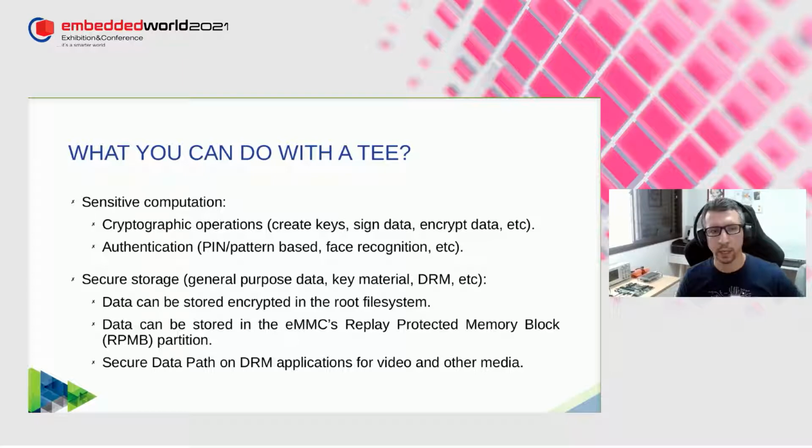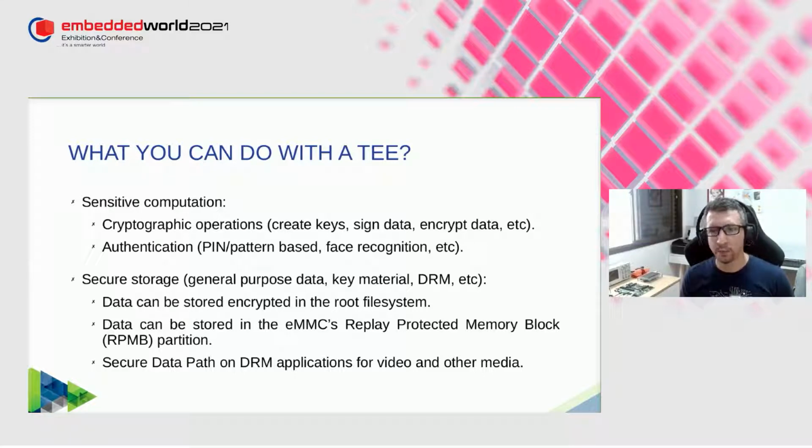We could provide some kind of secure storage for the device where you could store your private keys, encrypted data. For example, if you have an application that has DRM content protected by digital rights, you could make it possible to store those data encrypted.